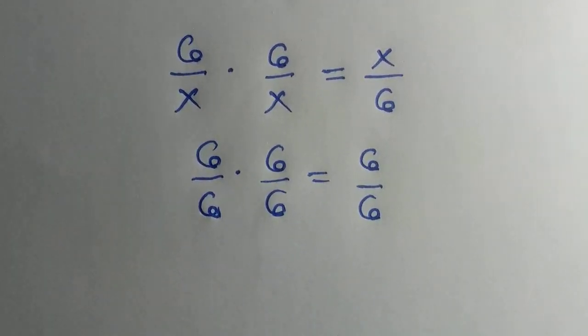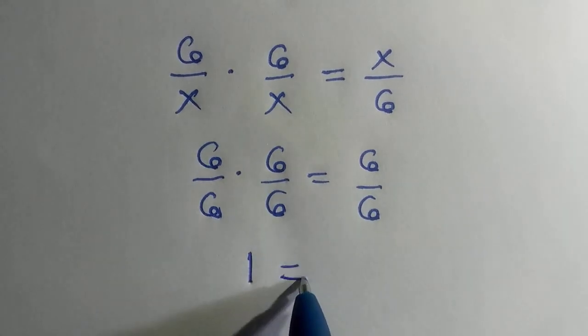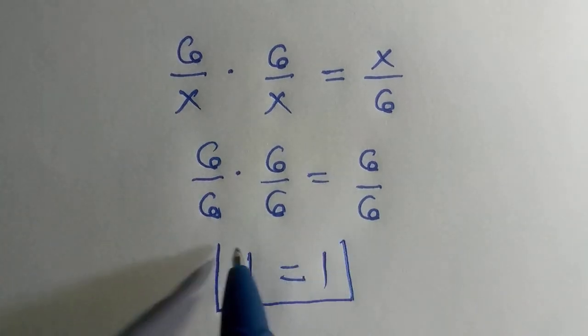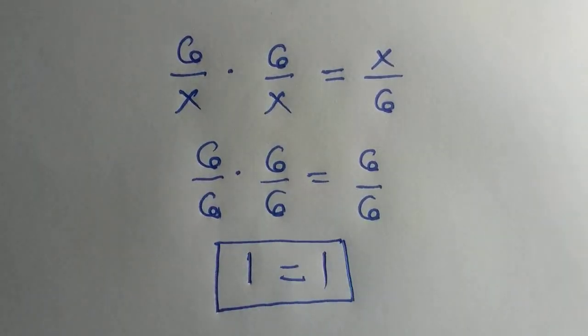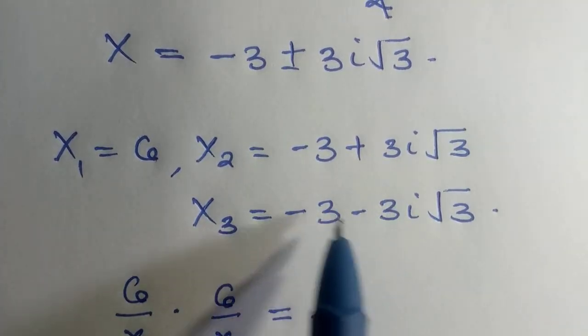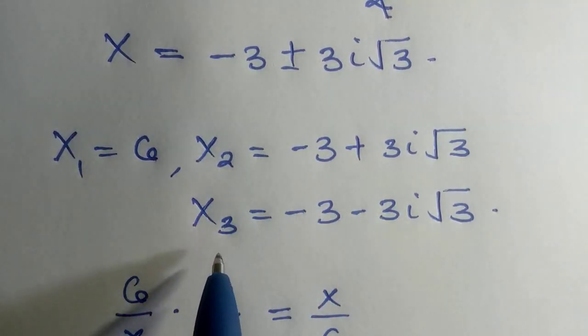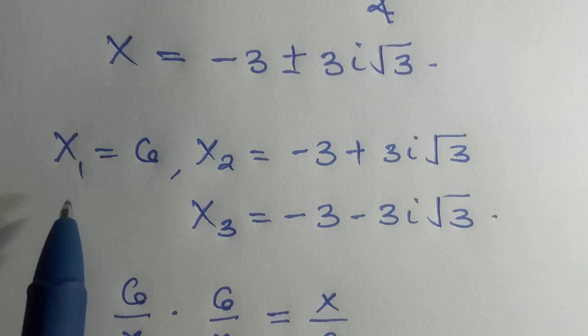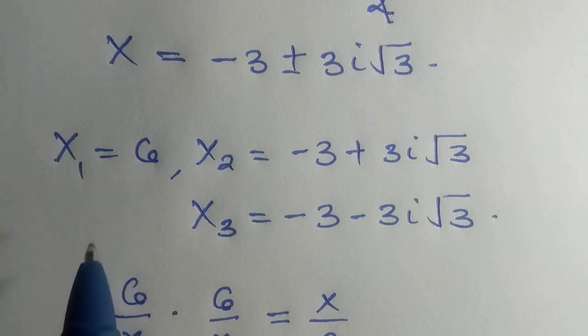And if all these divide each other, we have 1 equals 1, which is equal. So therefore, when we test for the other complex solutions at x2 and x3, they are also going to be equal. We only test for x1, which is the real value.